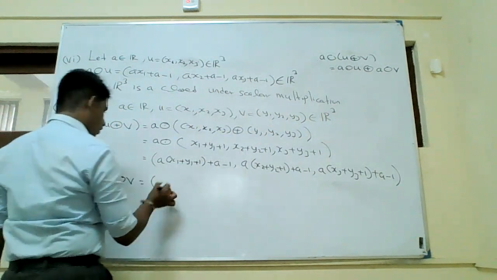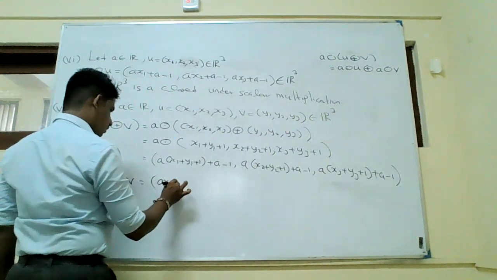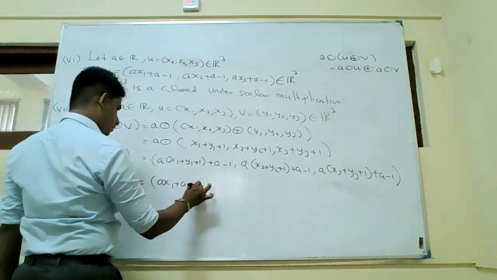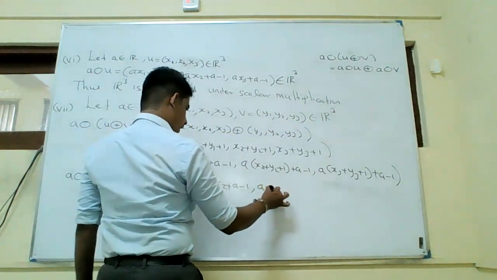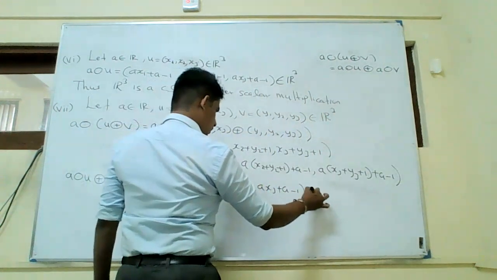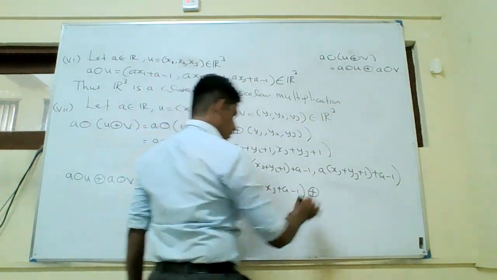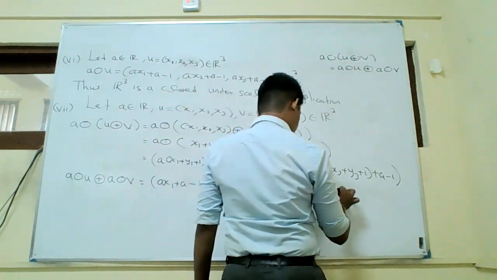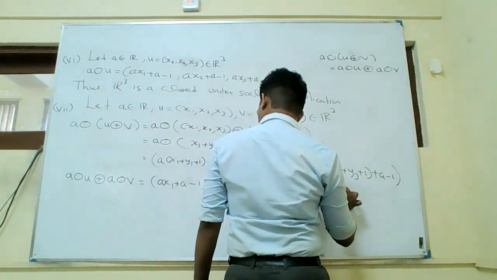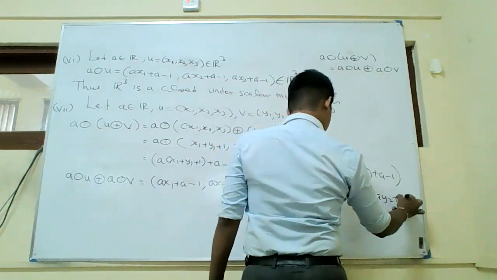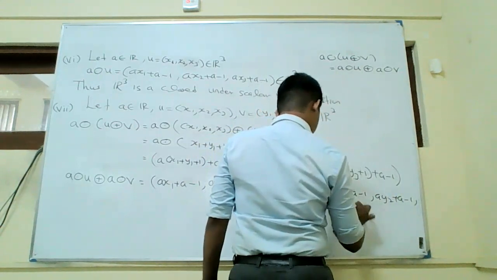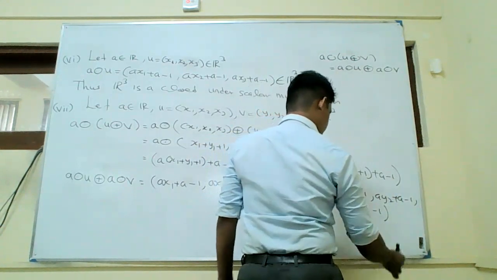So a dot u means you know that (ax1 + a - 1), (ax2 + a - 1), (ax3 + a - 1). It's vector addition. Okay, and (ay1 + a - 1), (ay2 + a - 1), (ay3 + a - 1).